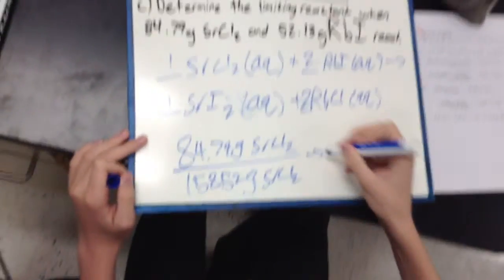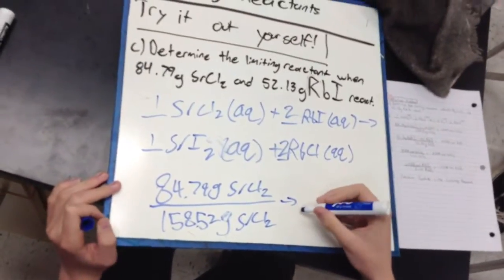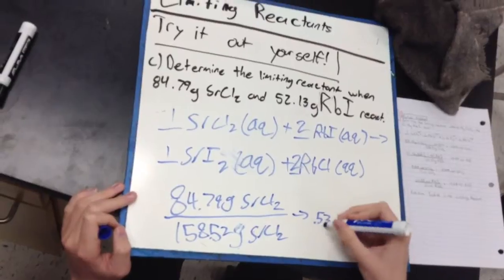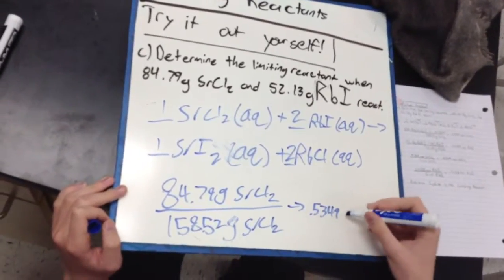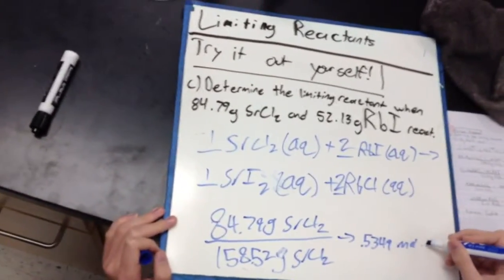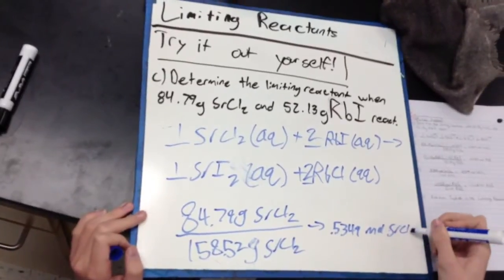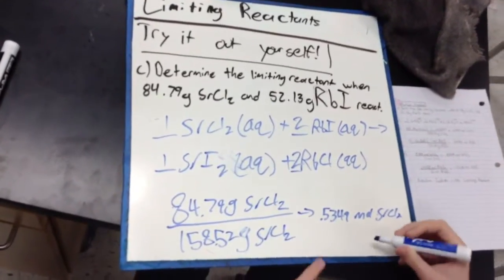And then when you divide that, you get 0.5349 moles of strontium chloride. So we have to remember that value, so I'll write it down here.